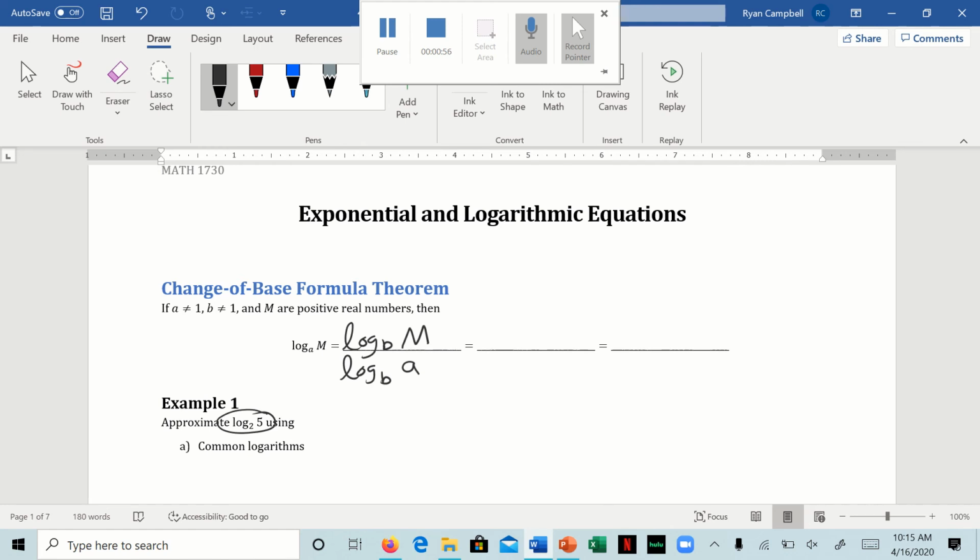Our calculators can't do log base 2, but they can do log base 10, the common log. So we could have log of m divided by log of a, with base 10. Our calculators can also do log base e, the natural log. So if you're trying to figure out log base a of m, you can also do natural log of m divided by natural log of a.